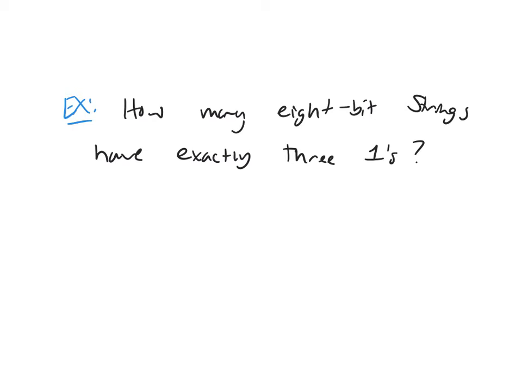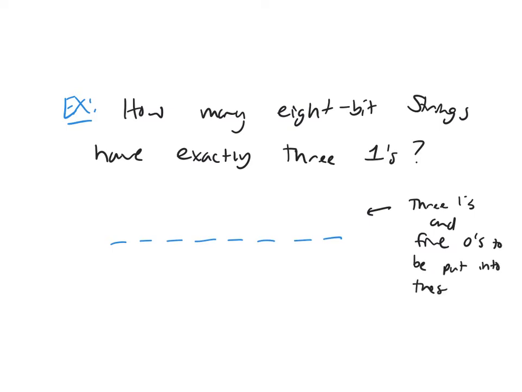So I have 8 positions. And in these 8 positions, I need 3 ones and 5 zeros to be put into these positions.